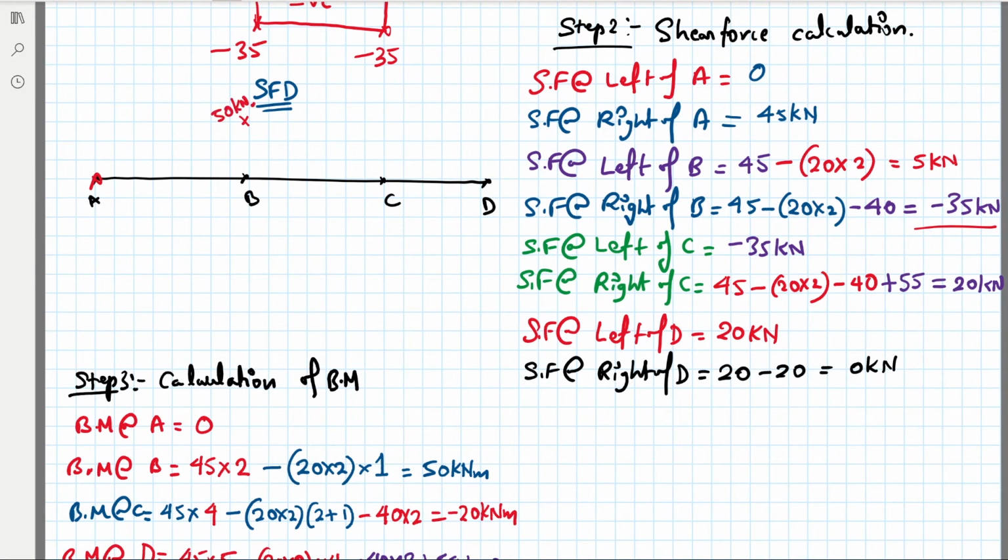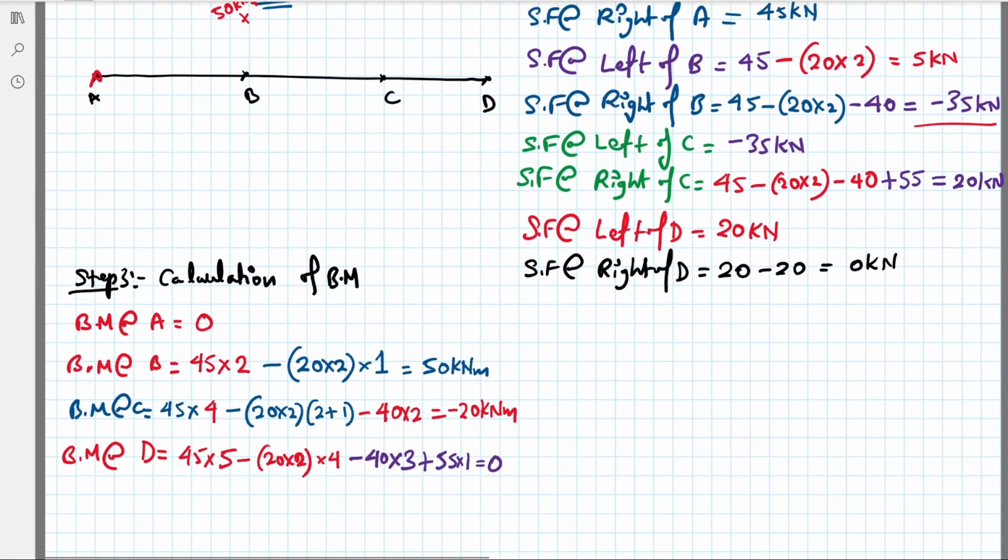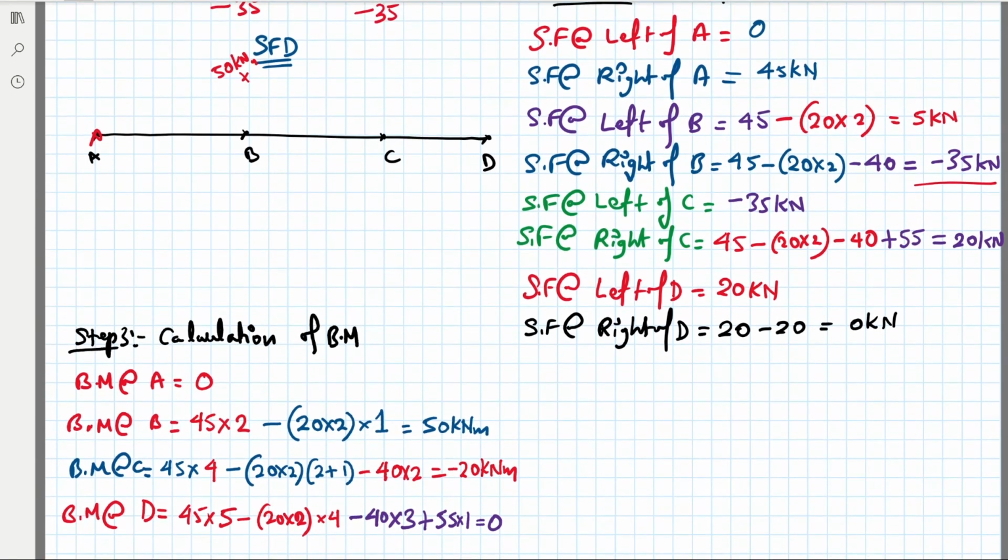At point C we have value minus 20 kilonewton meter, which I will mark here. At point D we have value 0.